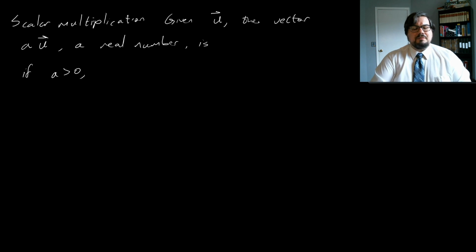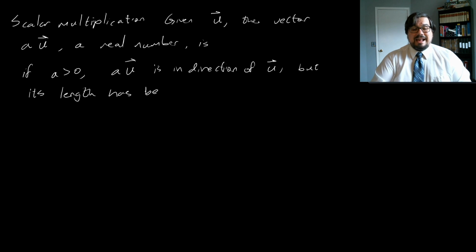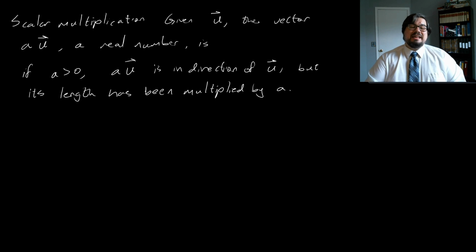If a is greater than 0, then a times u is in the direction of u, but its length has been multiplied by a. So for instance, if a is 2, then 2 times the vector u will be a vector that goes in the same direction as u, but is 2 times as long. If a is 1/3, it'll be a vector that goes in the same direction as u, but is 1/3 as long.